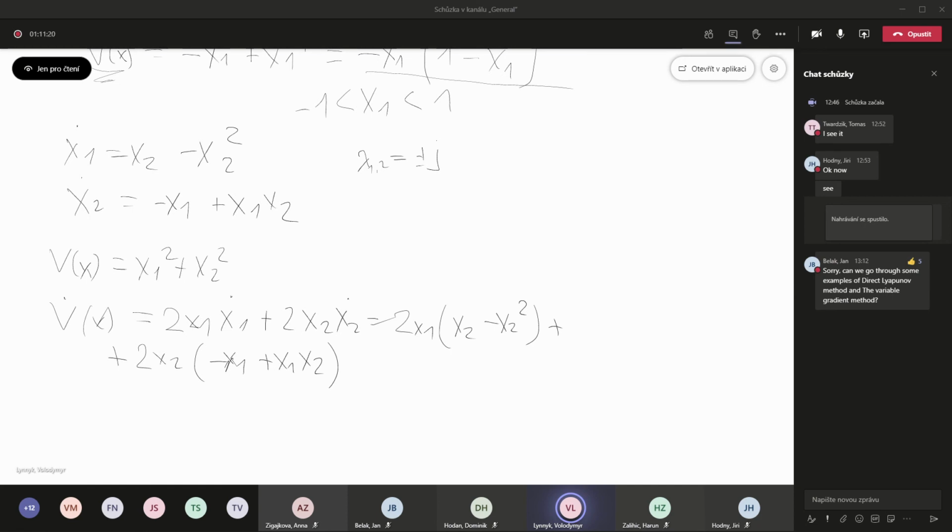Okay, and it's equal to 2x1 x2 minus 2x1 x2 squared plus 2x1 x2 squared minus 2x2 x1.